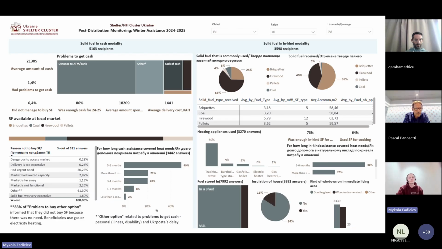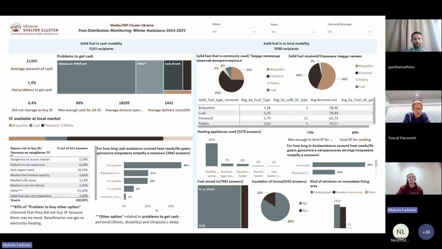We received datasets from around 20 organizations. This data helped us to decide on the sum of the unified transfer value amount for the cash modality for solid fuel this year. We are looking forward to seeing the results of our approach.